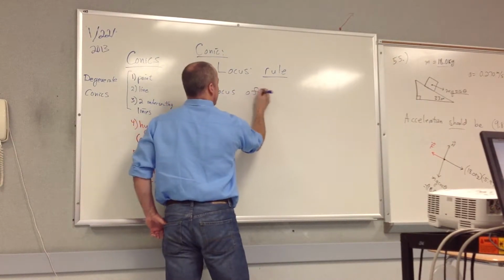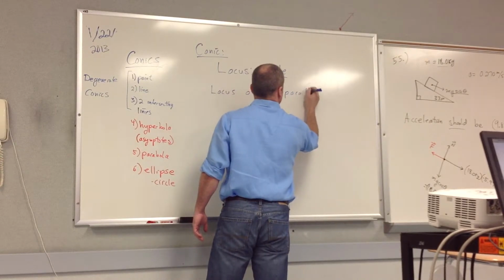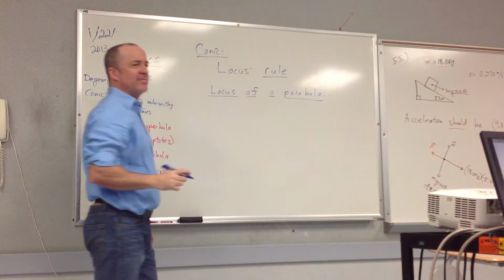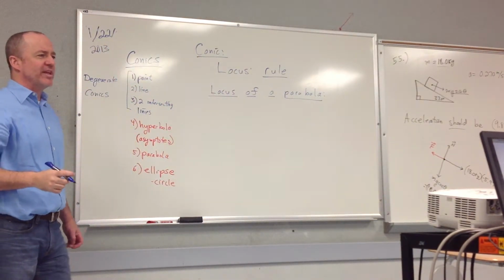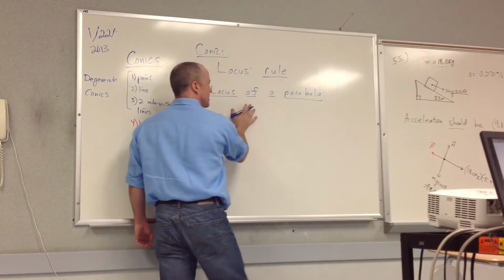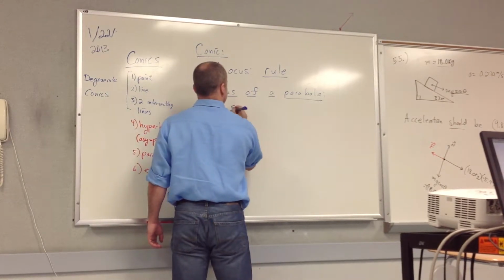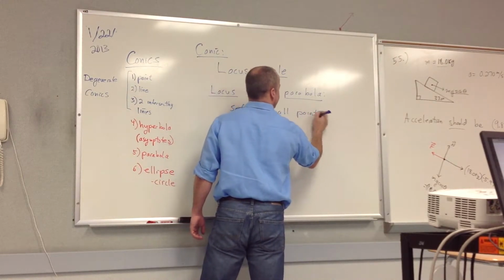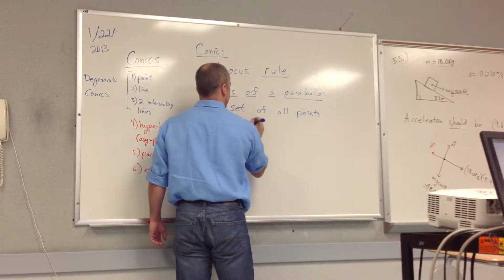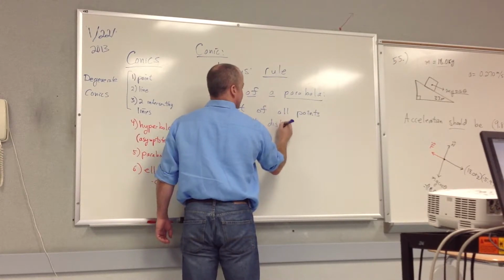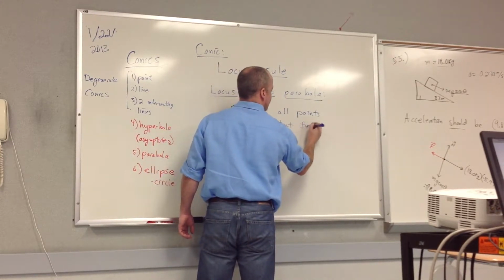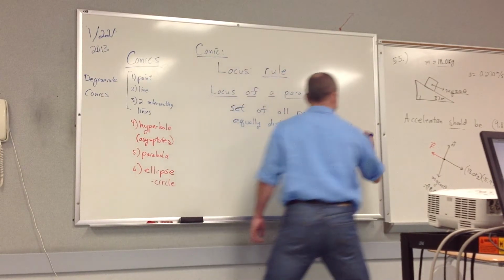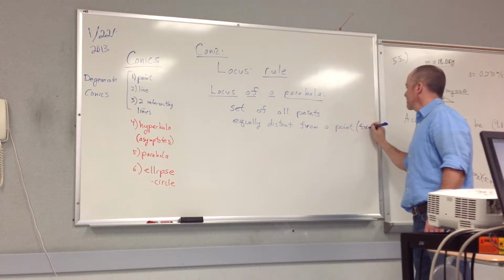The locus of a parabola. The rule of a parabola is not y equals x squared. We'll talk about where that came from later. The actual rule is, it is the set of all points equally distant from a point, and that point is called the focus.